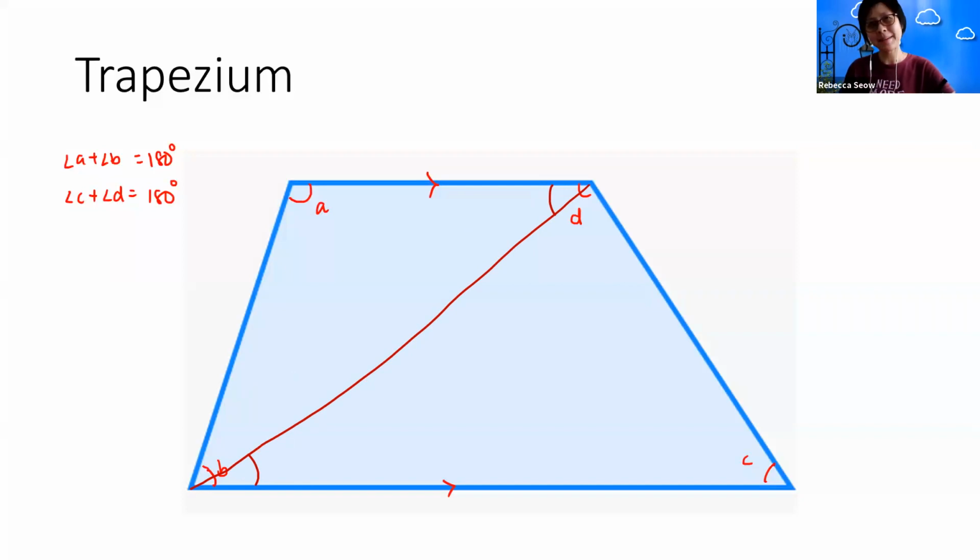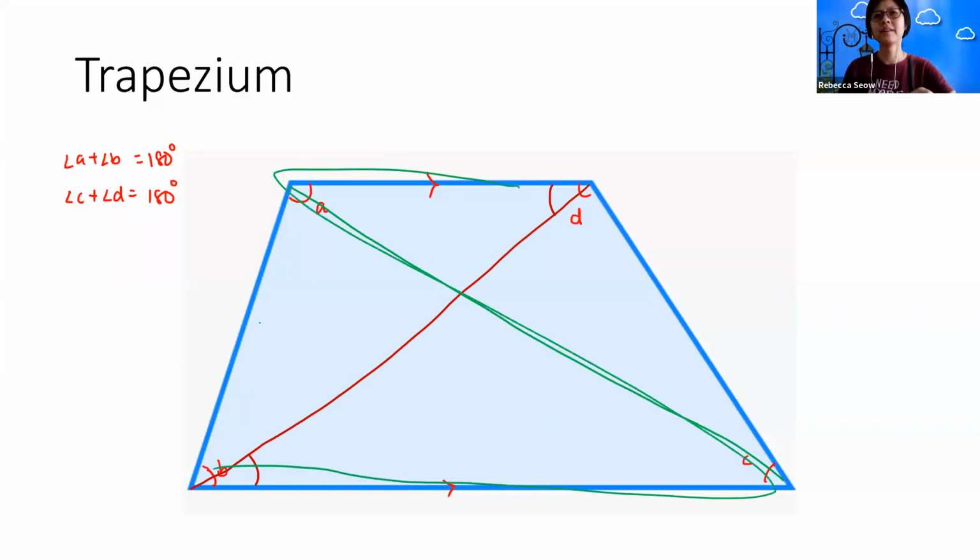These two angles are the same. And if I were to draw another diagonal, you see another Z here. So this other angle over here corresponds to the angle at the bottom.